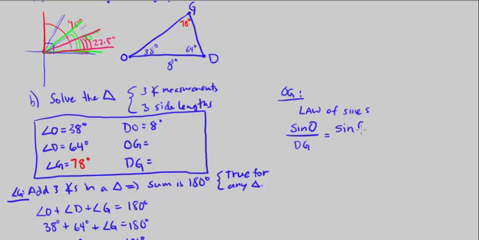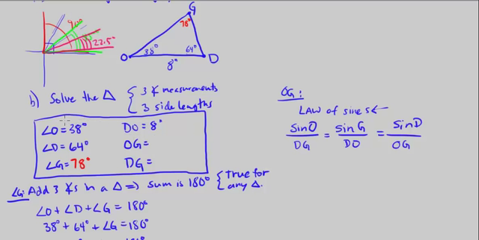So sine of angle G and sine of angle D divided by the opposite side of angle G is going to be side OD or DO, and sine of angle D over side OG over here. So all these three ratios are equal to each other. That's what we know from the law of sines.